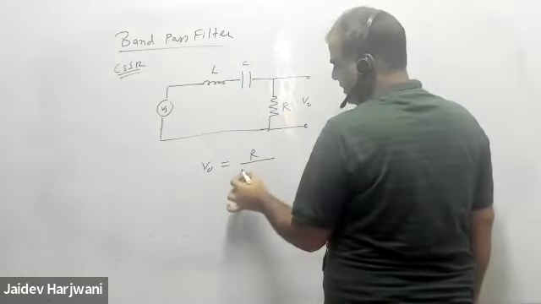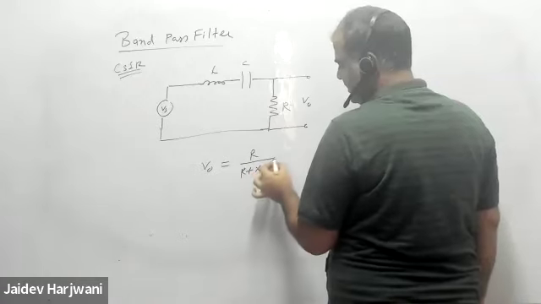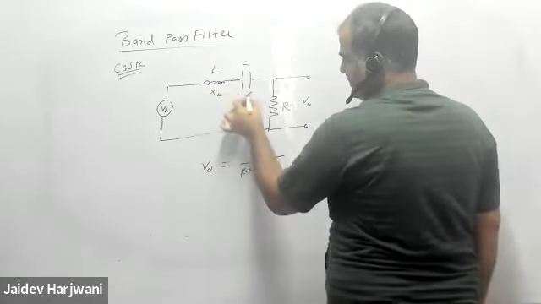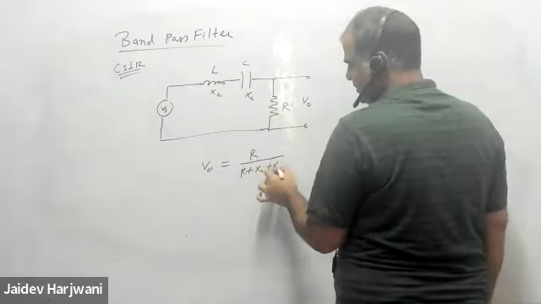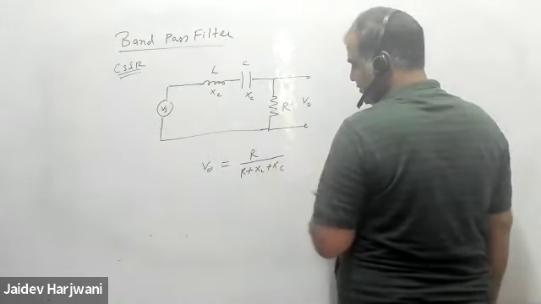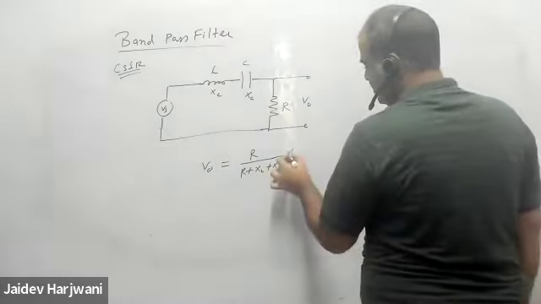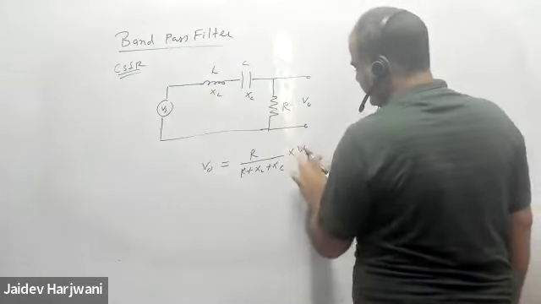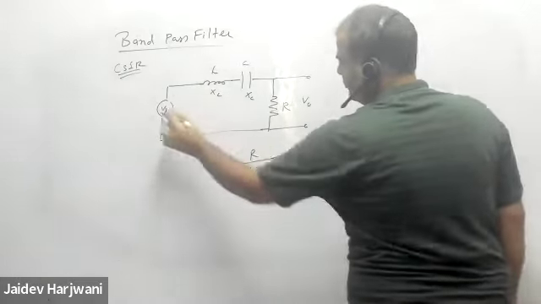Total resistance will be what? R plus XL plus XC. Okay. And now V input, whatever you want to write.